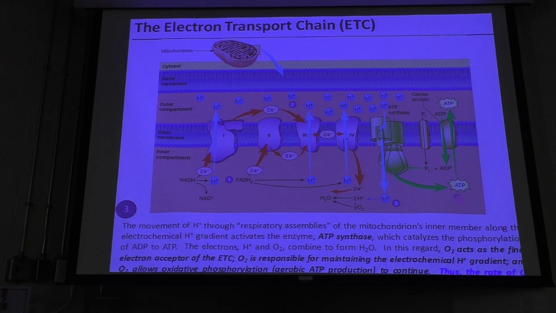So ultimately, the electrons, the hydrogen ions, and oxygen at the end of this electron transport chain will combine to form water. So you can appreciate then that oxygen is considered the final electron acceptor in this electron transport chain. Oxygen, therefore, is also responsible for maintaining that electrochemical hydrogen ion gradient, and therefore that energy gradient to drive this final complex and the rephosphorylation of ATP.